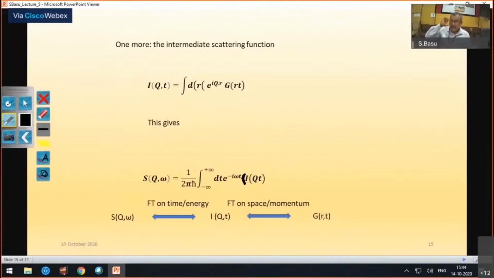And I'll request you to ask me questions at this point, because it is important for you to understand that experiments are done in q omega space, but actually the experimental results depend on the real space correlations, which are given by g of r t, and we are trying to come back to g of r t from S of q omega.